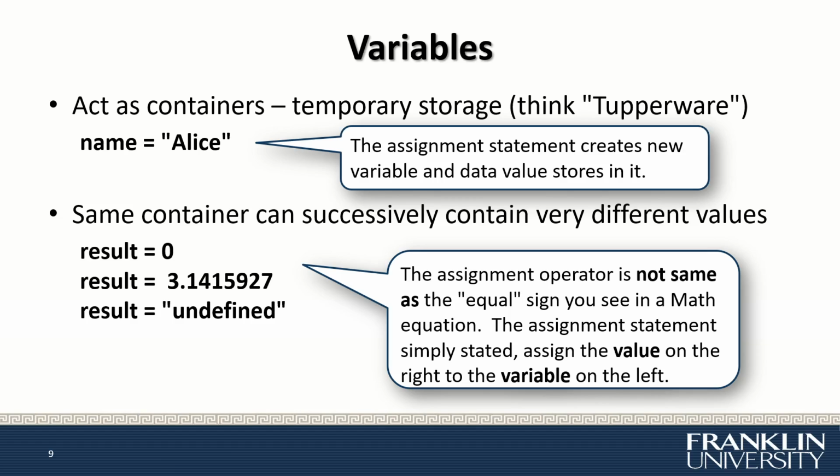And because the variable is like a container, the same container can contain different values at different times. For example, result equal to 0, I assign 0 to result initially, and then I can set 3.1415927 to result, and I can set undefined to result later.